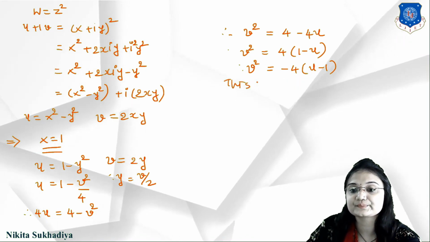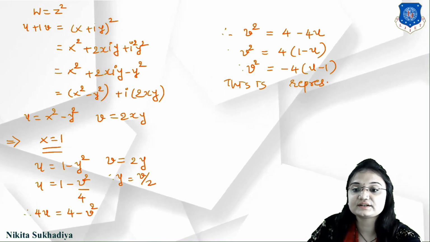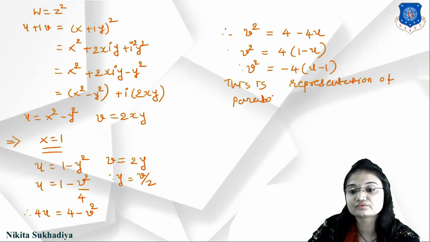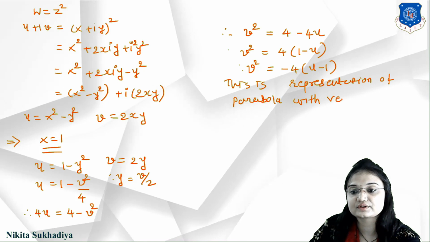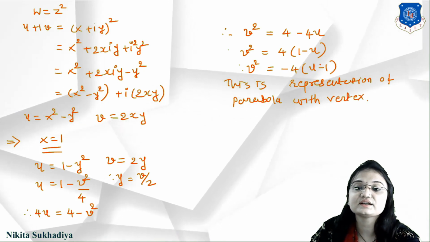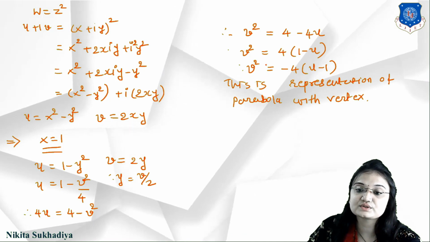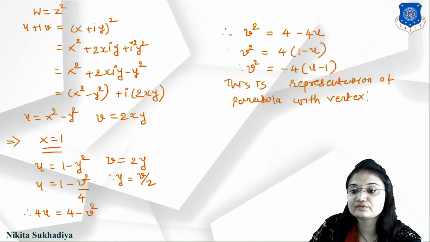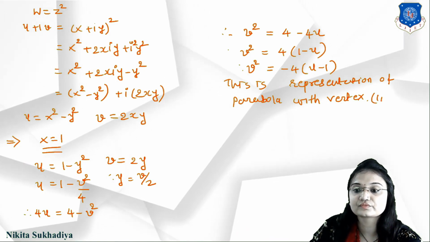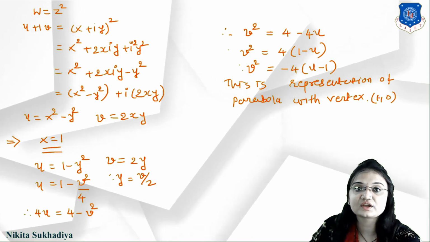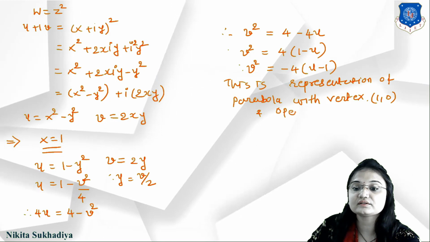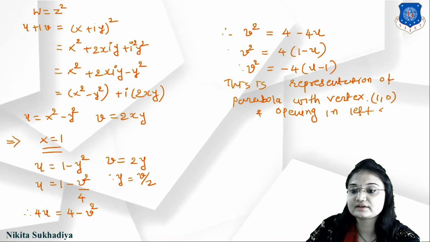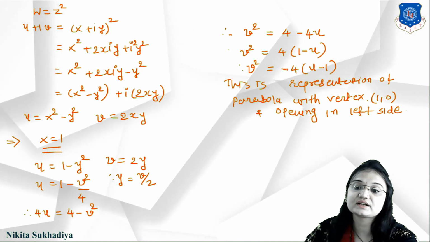So this is the representation of a parabola, V minus 0 whole squared is equal to minus 4 times U minus 1, with vertex 1 0, and the parabola opens to the left side because here we have a negative sign.